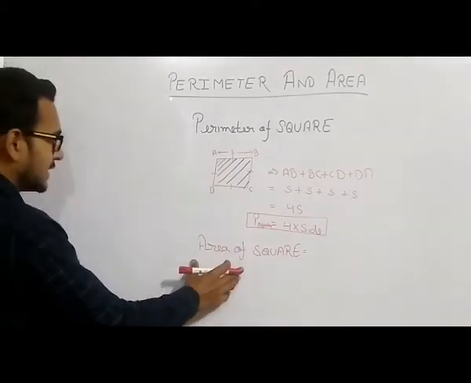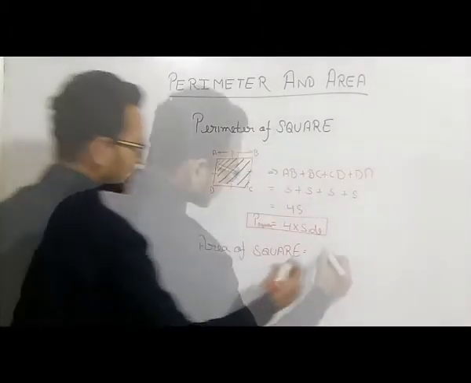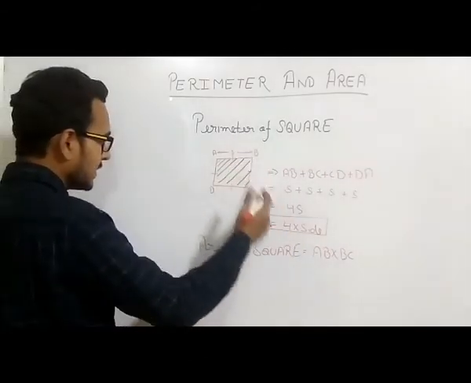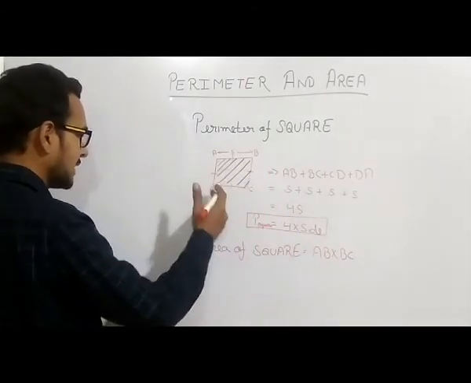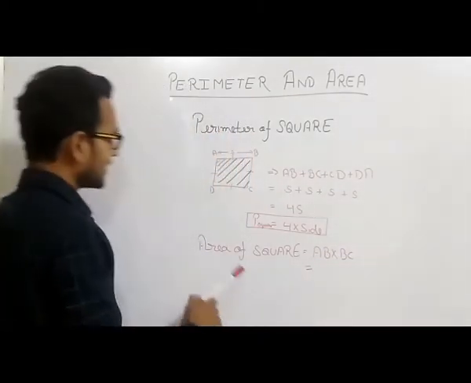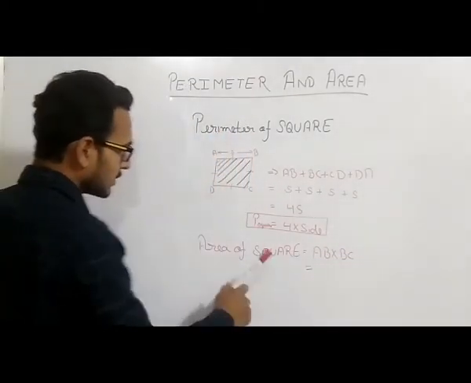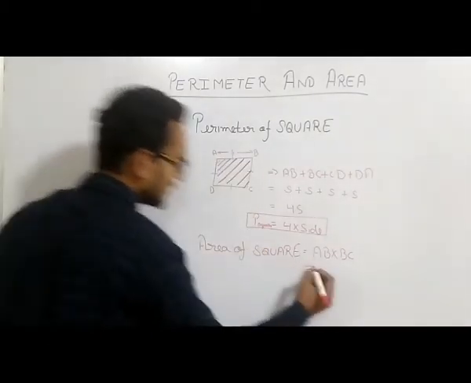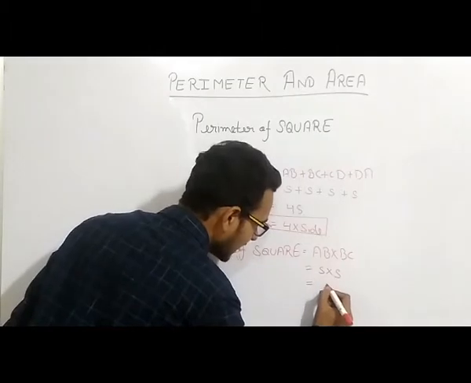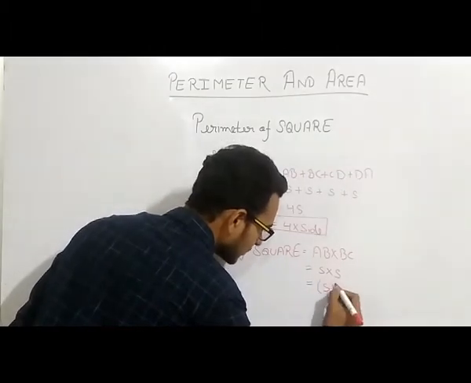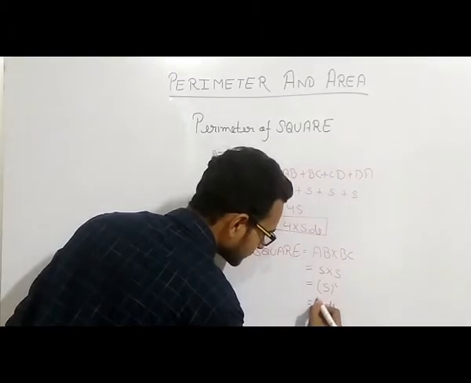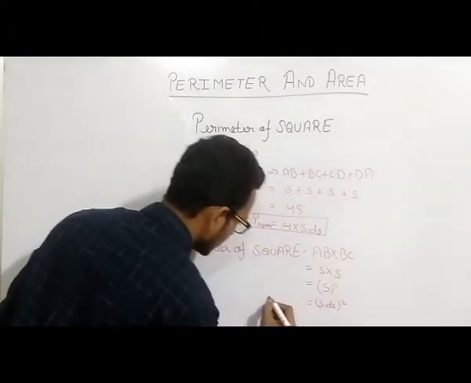We find the area by multiplying any two sides: AB into BC, or BC into CD, or CD into DA. The multiplication of any two sides is the area of the square. Here one side is S and the other side is also S, so S into S means S square. Here S is the side, therefore side square is the area of a square.